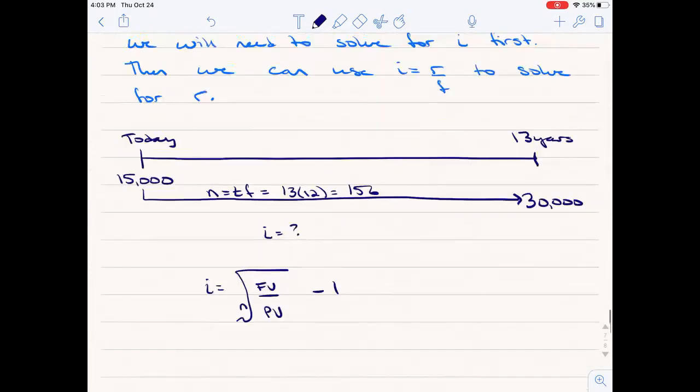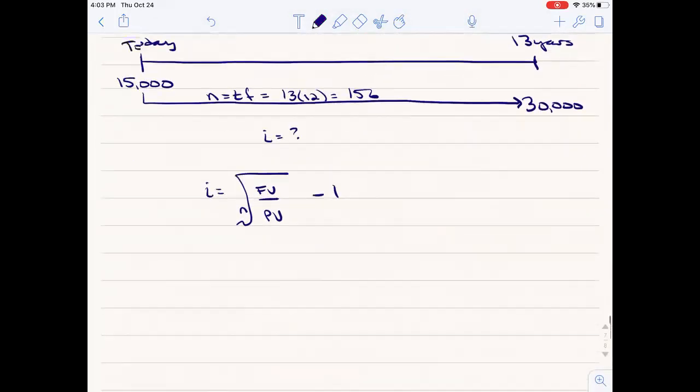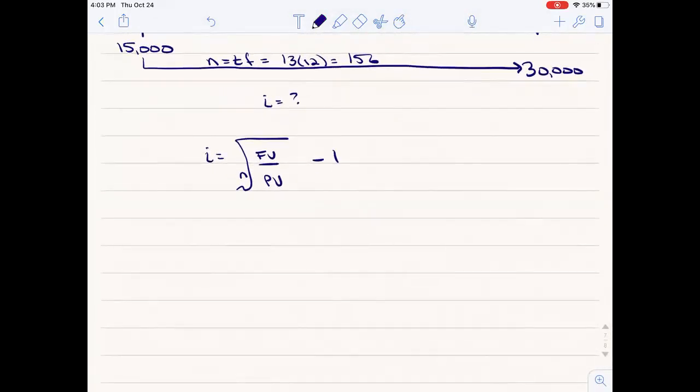Oh, hey, I keep forgetting to box things up. But this is on your formula sheet. Okay.